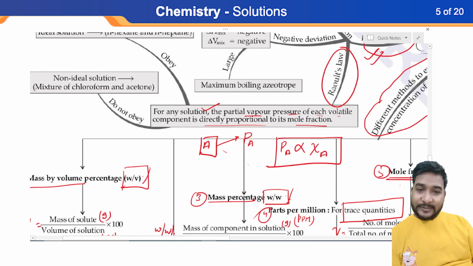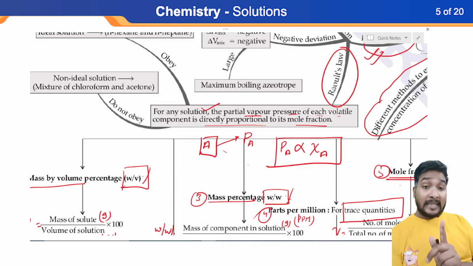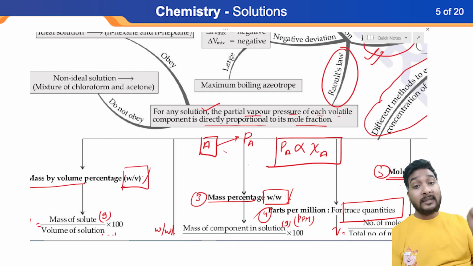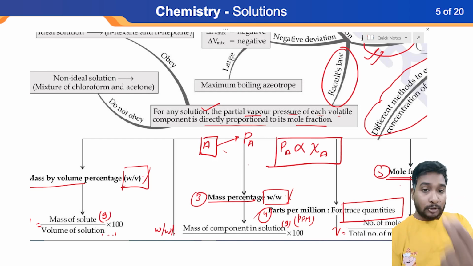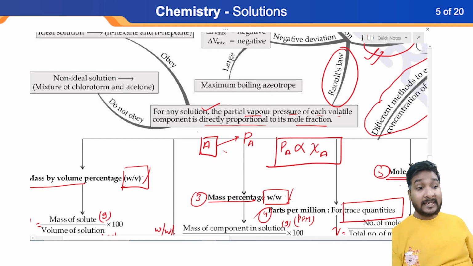For any solution, the partial vapor pressure of each volatile component must be volatile. A non-volatile component is not applicable for Raoult's law, right? I know that there are two kinds of solute, volatile and non-volatile, but Raoult's law completely depends on the volatile components. So for any solution, the partial vapor pressure of each volatile component is directly proportional to its mole fraction.